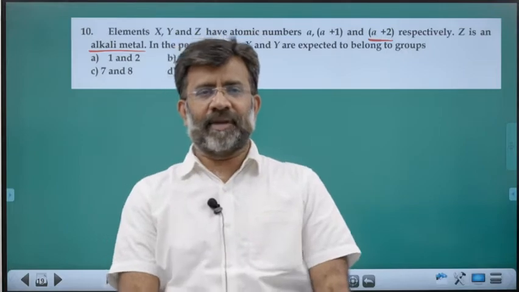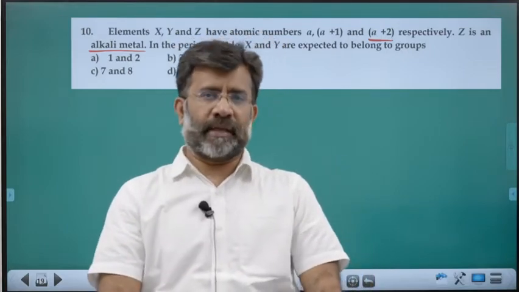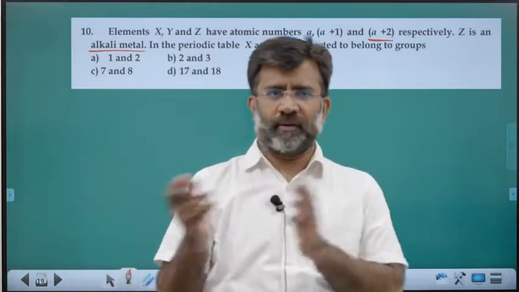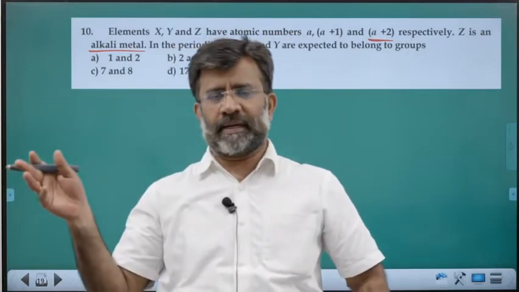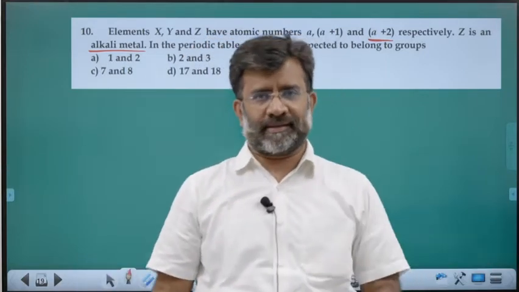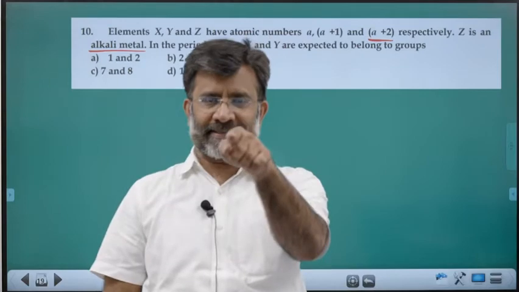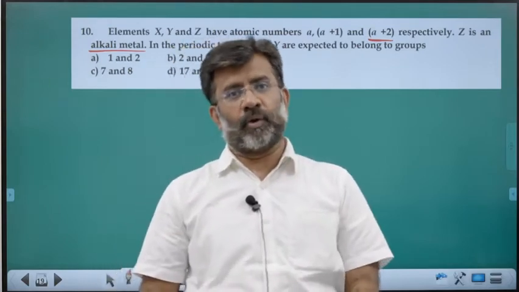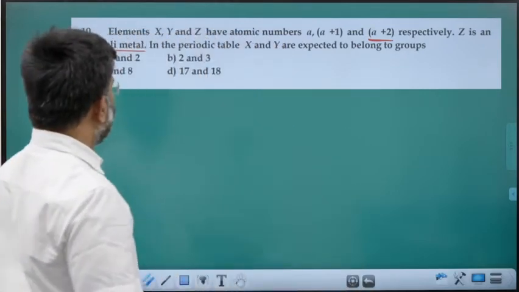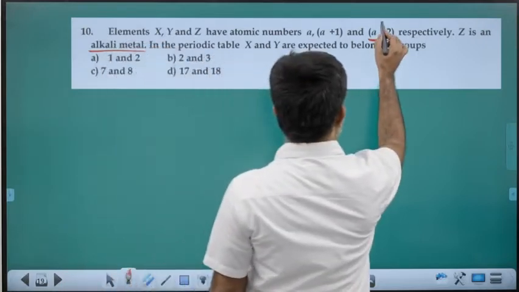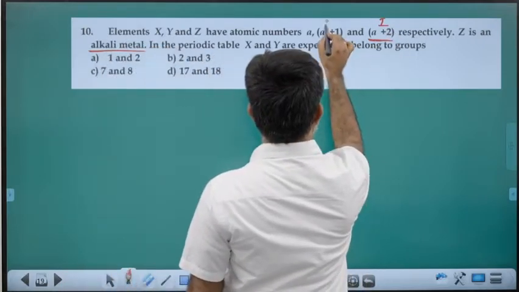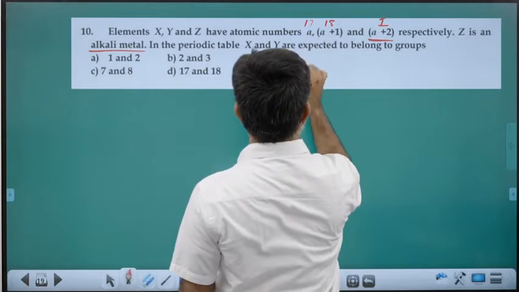For an alkali metal, the previous group is noble gases, right? You go back. The group before that is X, the halogens. So if this is group 1, this is group 18, and this is group 17.